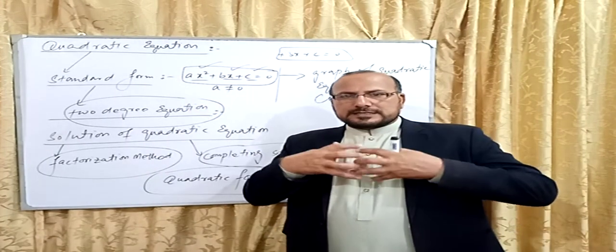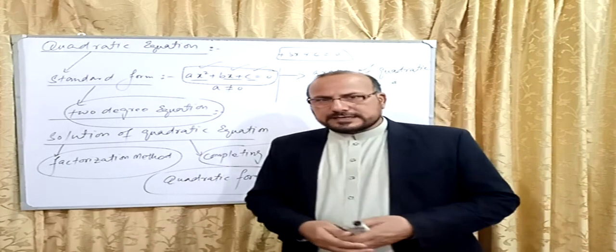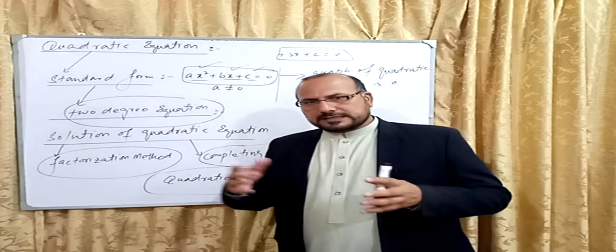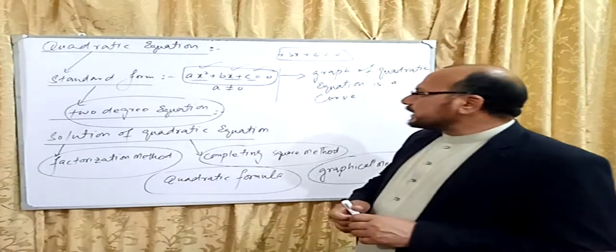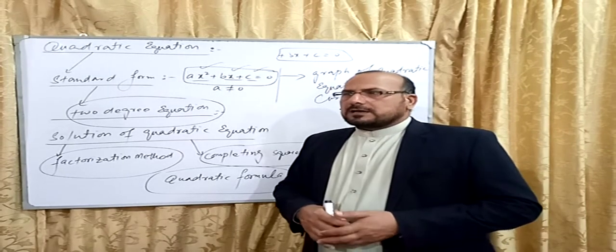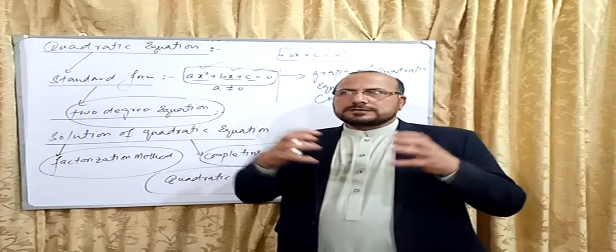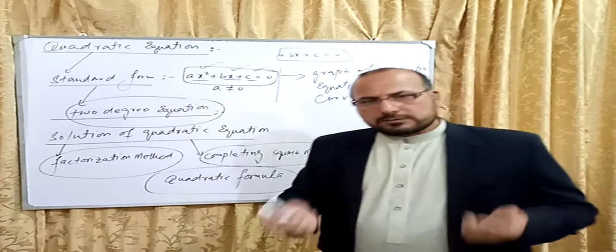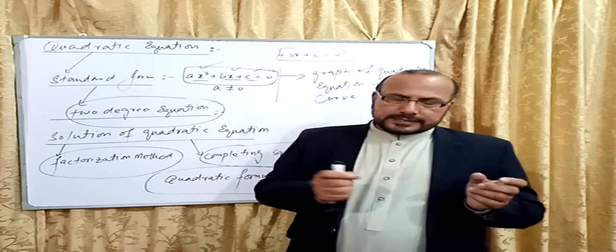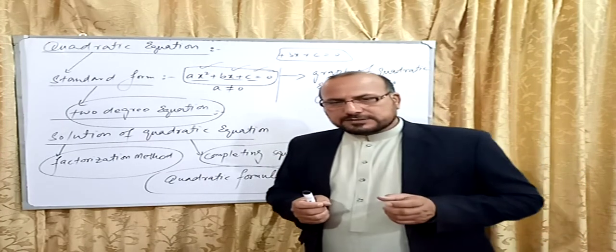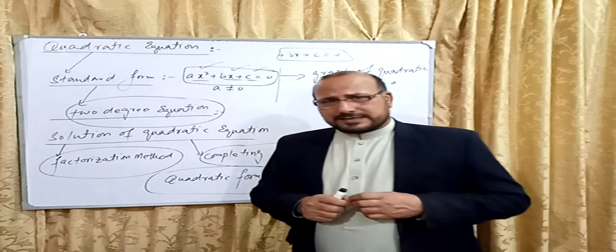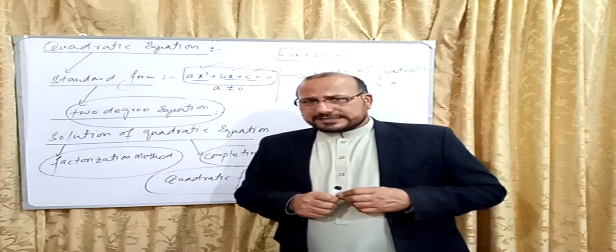When two curves are intersecting each other at a single point, we can say the given quadratic equation has a single solution. If the two curves are intersecting each other at more than one point, for example 2 points, we can say the given equation has two solutions. Sometimes two graphs are not intersecting each other, so we can say that there is no solution.